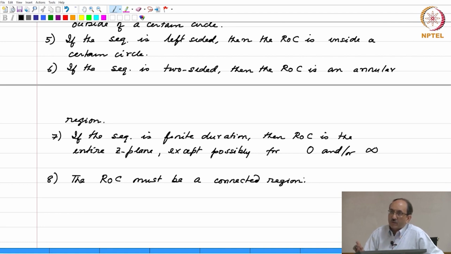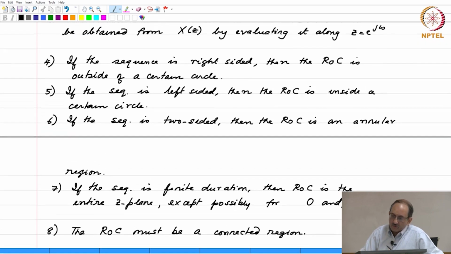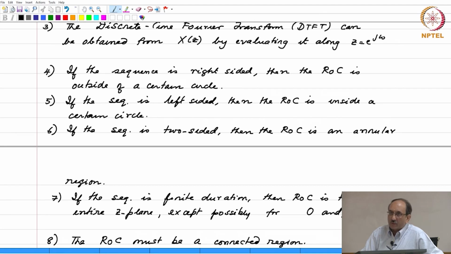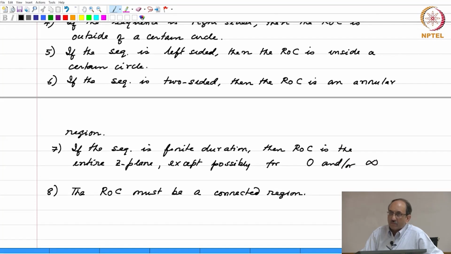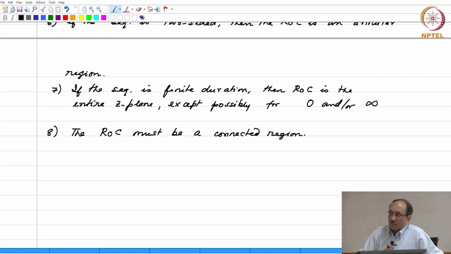For the left sided sequence, the region will be inside of a certain circle, and if there is no overlap, these two distinct regions are not connected, and RoC cannot be a disconnected region. RoC has to be necessarily a connected region, which is why the Z transform does not exist in those cases. These properties are very similar to the Laplace case. You can see the parallels between what is happening there versus here. So if you understand your Laplace very well, you can see the close connection between Laplace and Z.